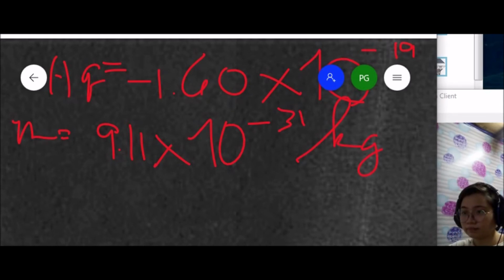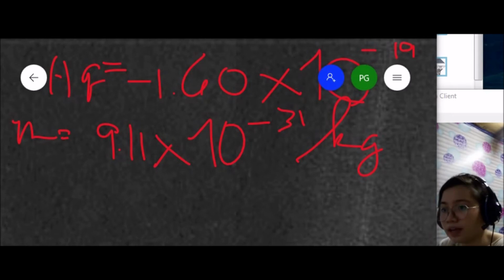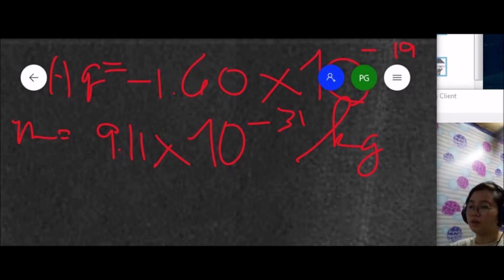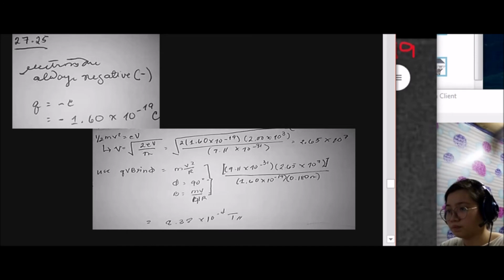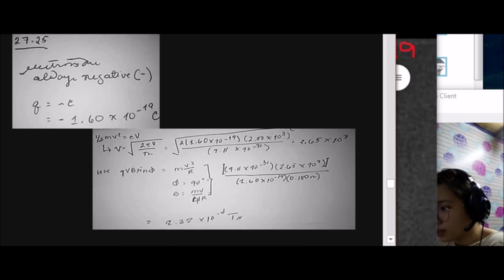Now, first we'd like to have this equation: one half m v squared equals e V. Electrons are always negative. We need the speed v, not the potential V. So v equals the square root of 2eV over m.